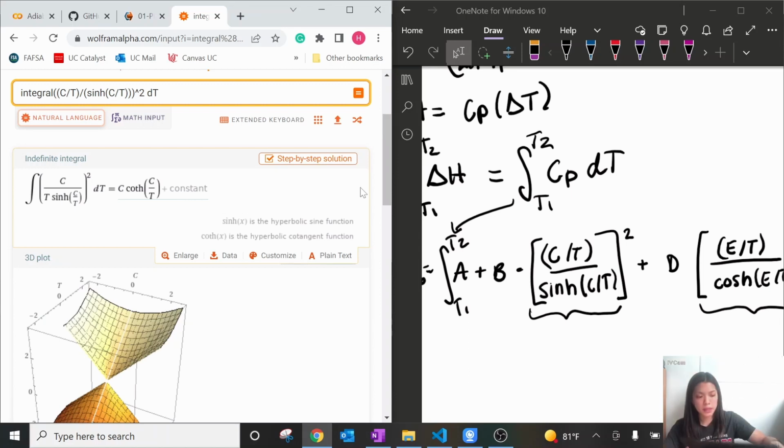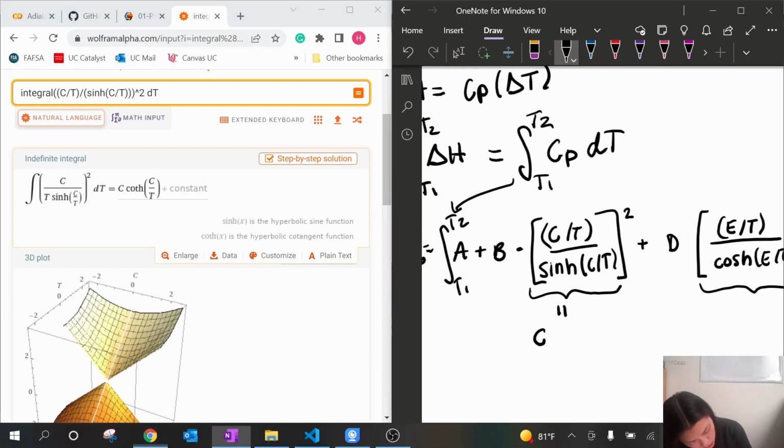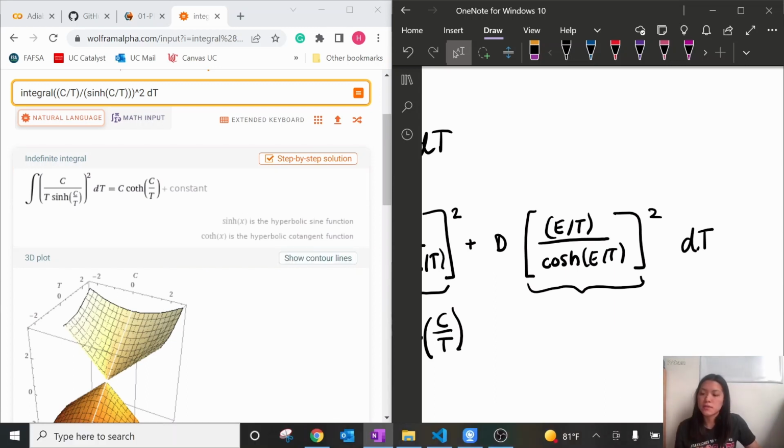And so we're going to copy that on over. That's going to be C hyperbolic cotangent of C divided by temperature. Now we're going to move on and do the second part over here. The equation is relatively the same, other than it is E instead of C, and hyperbolic cosine instead of sine. We're going to keep everything else constant, and shift enter.